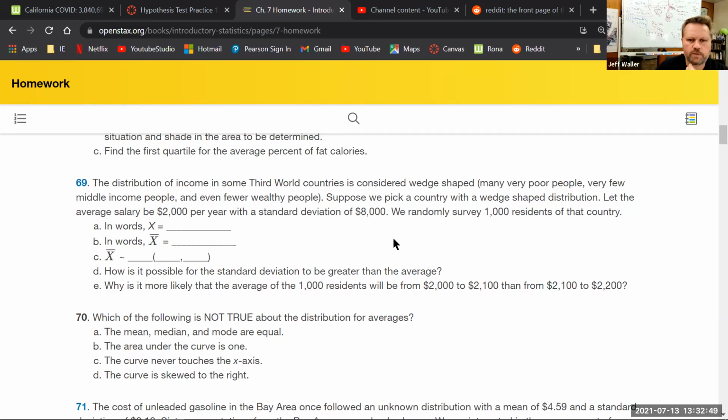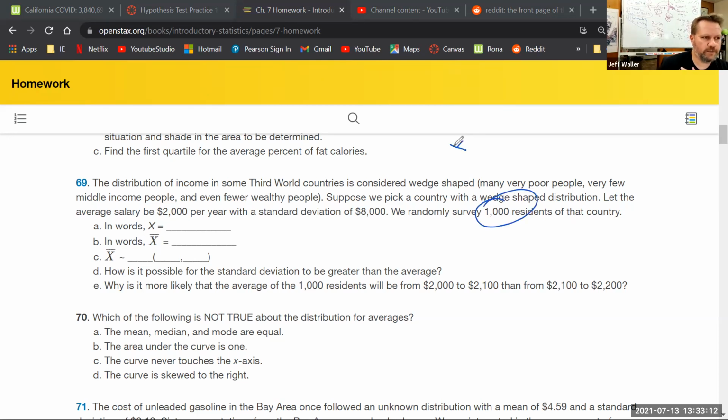No, X bar is not a group. X bar is a number. What would that number represent? What does X bar, the symbol, represent? So you've got the average salary per year of the surveyed 1,000 residents.